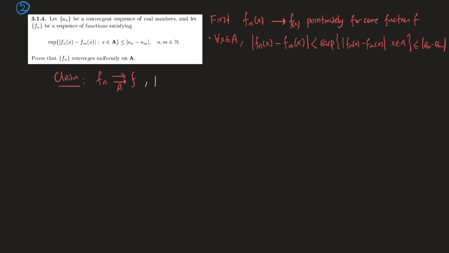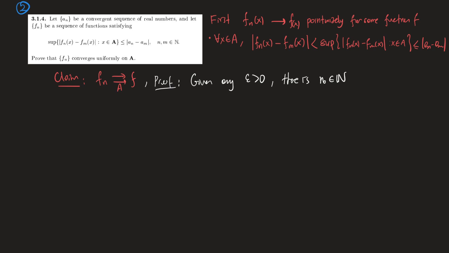Proof. Given any epsilon bigger than 0, I want to find some n0 in the natural numbers. I'm going to determine this n0.